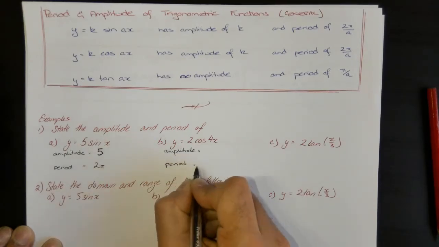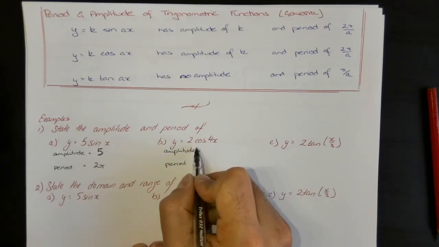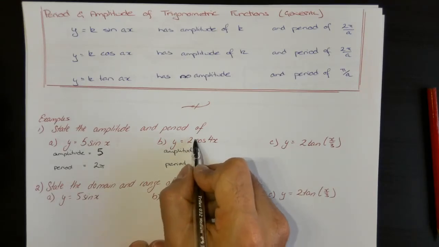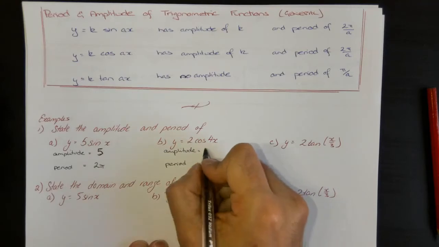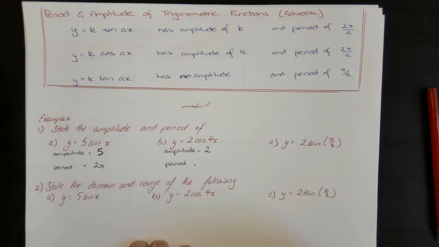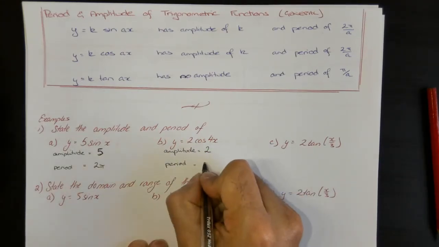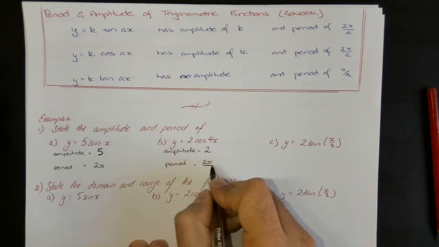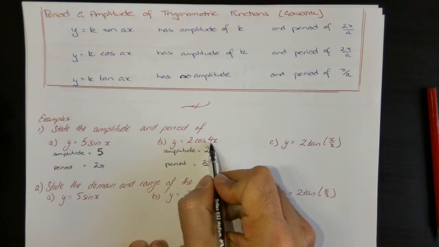Okay, so we've got cos. The amplitude of cos normally is 1. We're going to multiply it by its scalar of 2, so it becomes 2. The period is going to be 2 pi divided by a, and in this case a is going to be 4.